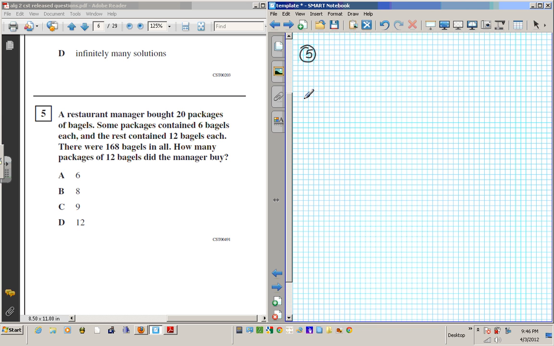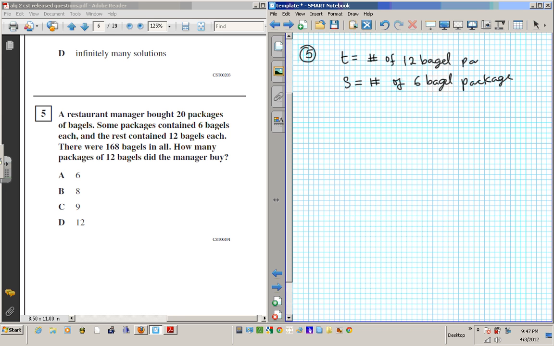I'm going to call T my 12 bagel package, the number of 12 bagel packages. I use T because the first letter of 12 is T. And then I'm going to call S the number of 6 bagel packages. I declare my variables so I can generate a system of equations.